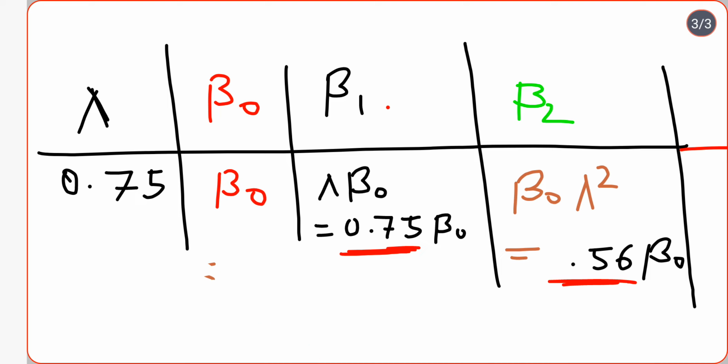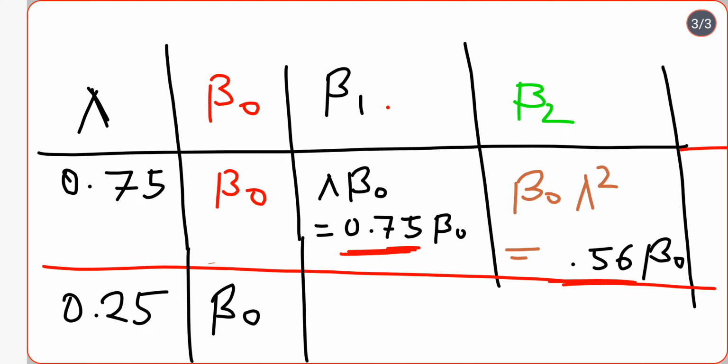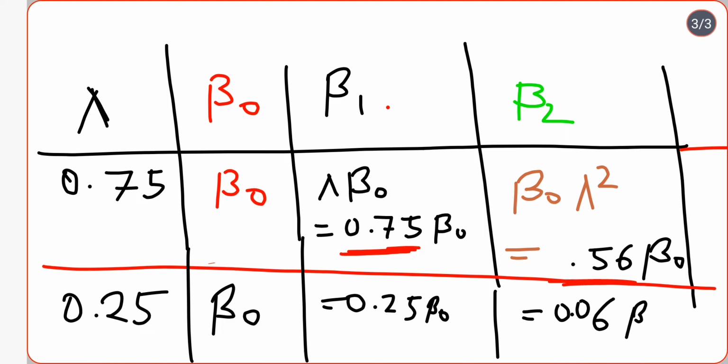If lambda is close to 0, suppose 0.25, then as you can see beta 0 will be beta 0, but what about beta 1? Beta 1 will be 0.25 into beta 0. What will be beta 2? If you calculate beta 2, it will be around 0.06 beta 0.